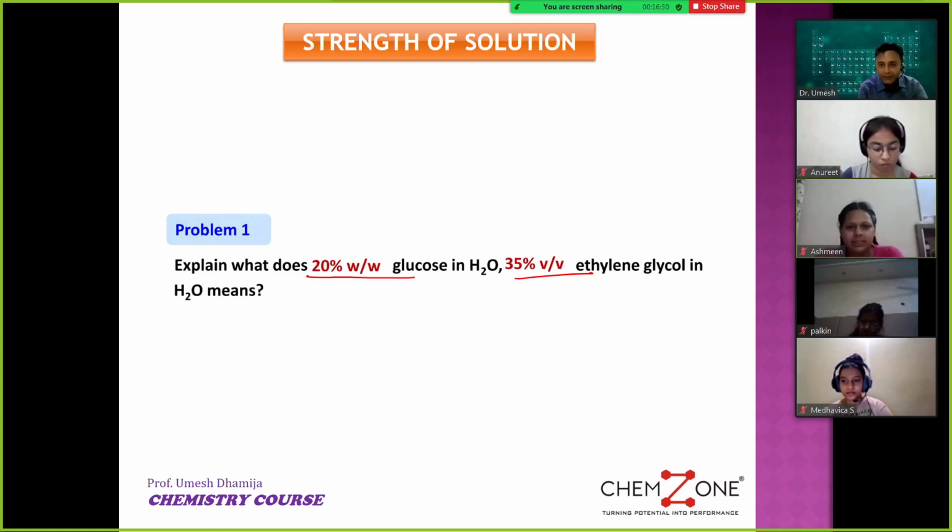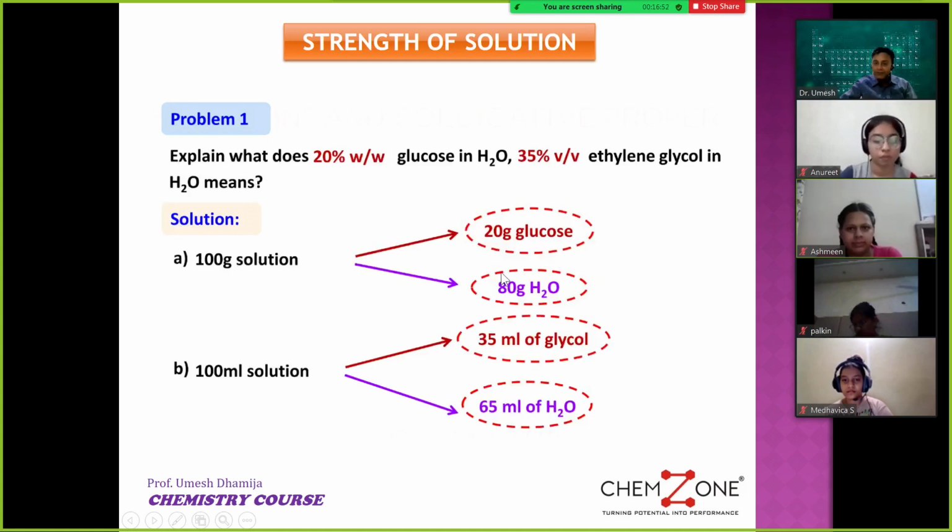Similarly, if I say 35% volume by volume, it means 65 milliliter is water and 35 milliliter is ethylene glycol. When I say percent, it means out of the 100, 20 gram is glucose, 80 grams water, 65 ml water and 35 ml of ethylene glycol.